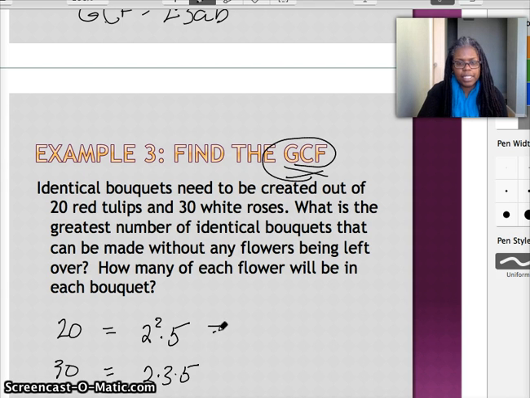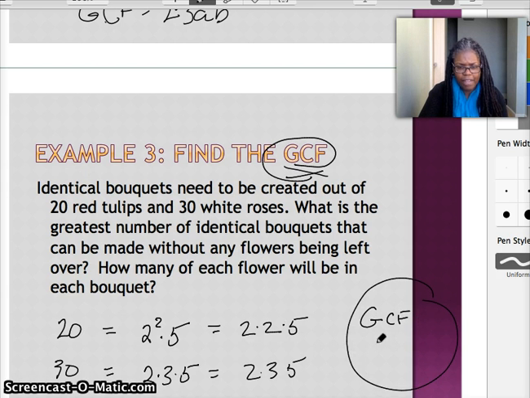And so as we look at this, I don't usually always write that out, but I'm going to write this out in this way so we can see what they have in common. So what do they have in common? Well, for the GCF, we realize that they definitely have a 2 in common, and they definitely have the 5 in common, but there's nothing else in common. So 2 times 5 is 10.